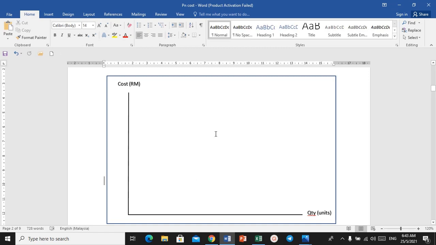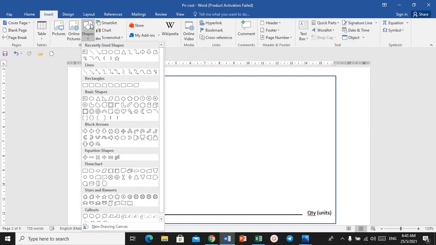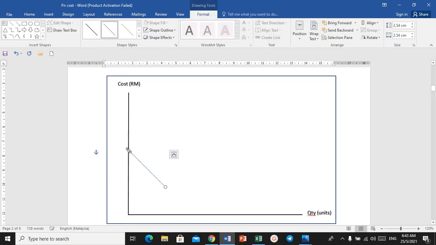Let's start with the first curve. I'm going to start this graph with the first line, which is total fixed cost. So this is going to be the first line.